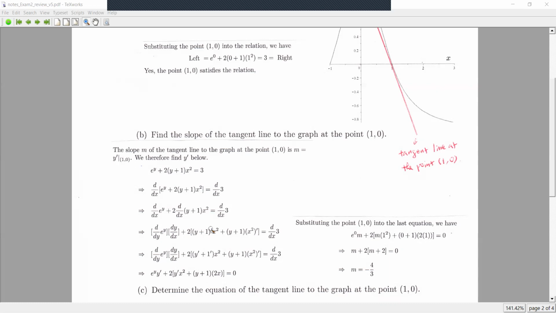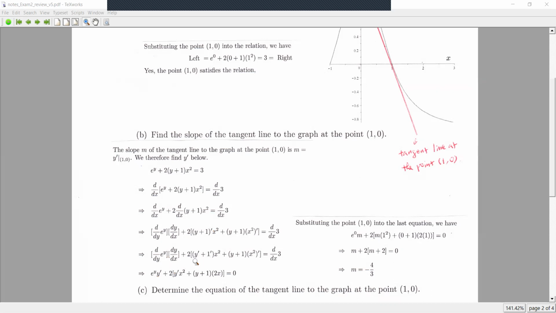Y plus 1 derivative by summation rule is y derivative plus 1 derivative. Derivative of e to y with respect to y by formula is e to y. 1 derivative is 0.